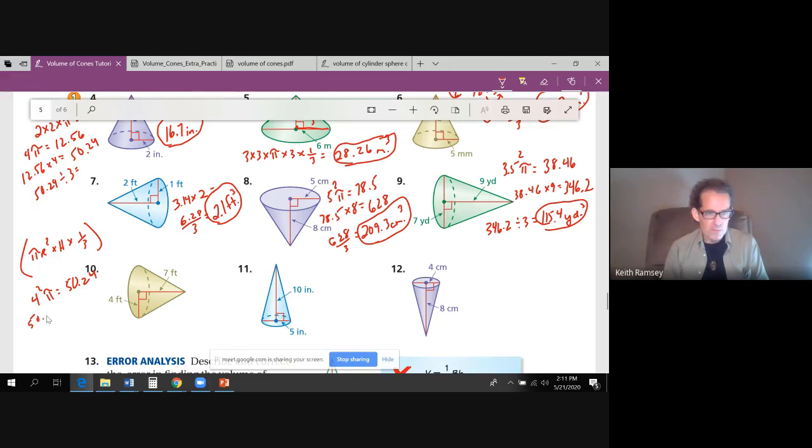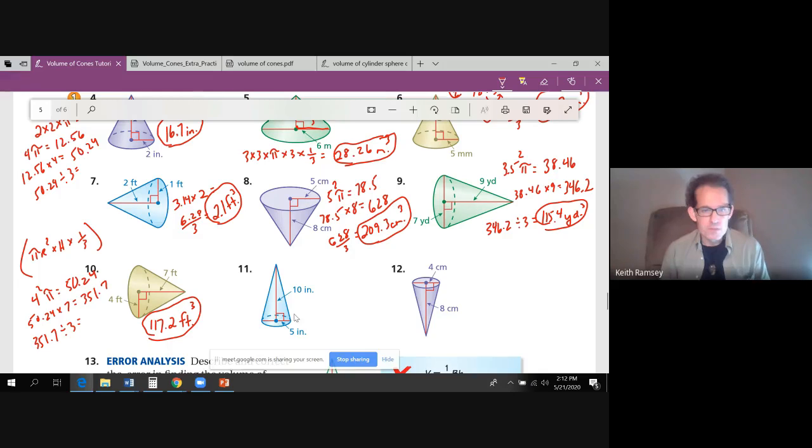So 50.24 times 7. And I got 351.68. Let's round that up to 351.7. And I'm going to divide that by 3. 351.7 divided by 3, which is the same as multiplying it by 1/3. And I got a volume of 117.2 cubic feet for number 10.